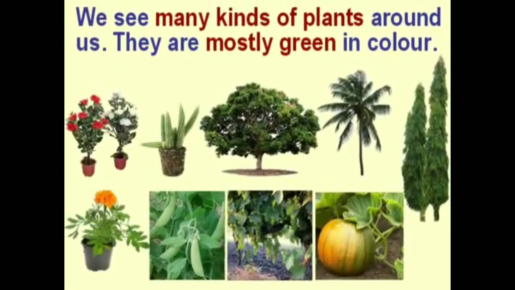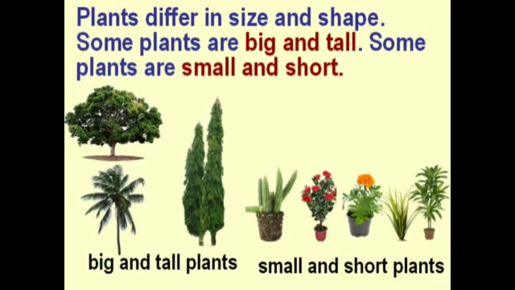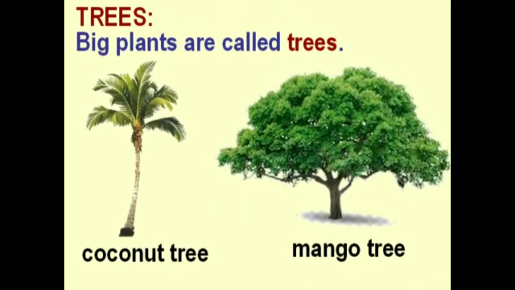So students, in this video we see many kinds of plants around us. They are mostly green in color. Plants differ in size and shape. Some plants are big and tall, some are small and short. Big plants are called trees, like coconut tree, mango tree.